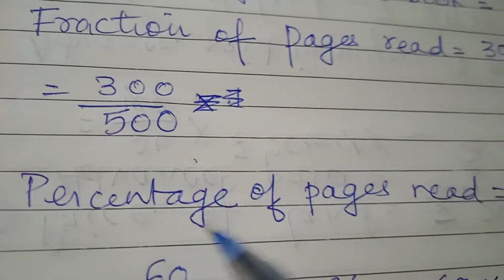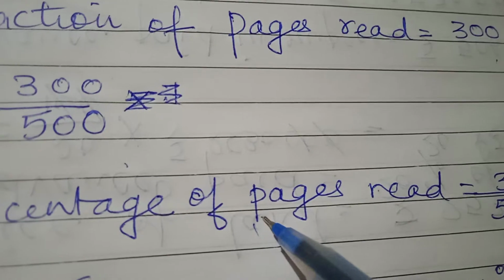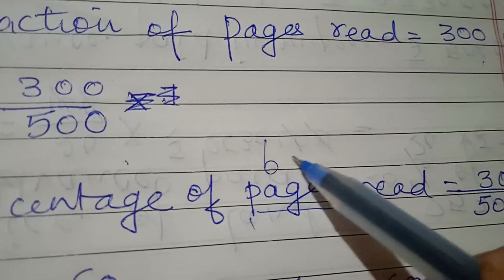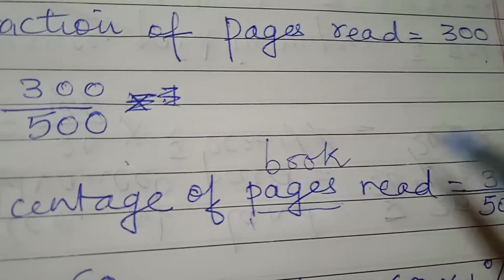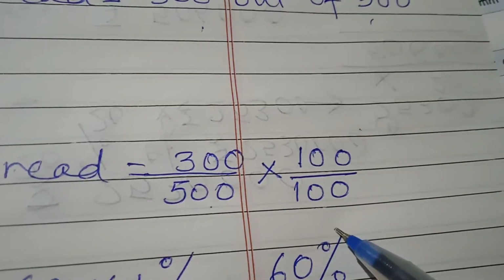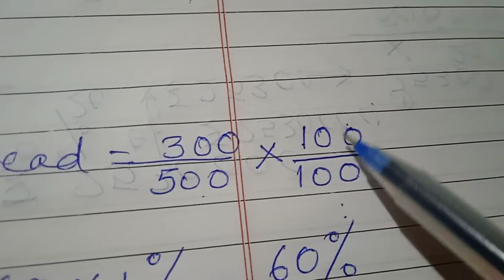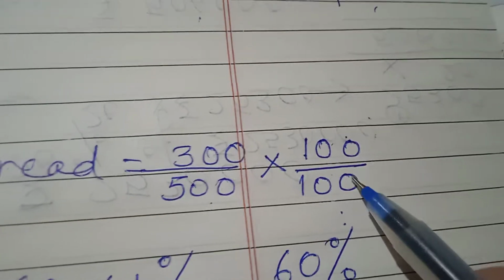Now if you want to find the percentage of the book that he has read, then it is actually 300 by 500 into 100 by 100. Means 100%. Because when we are getting 100%, it means 100 divided by 100.